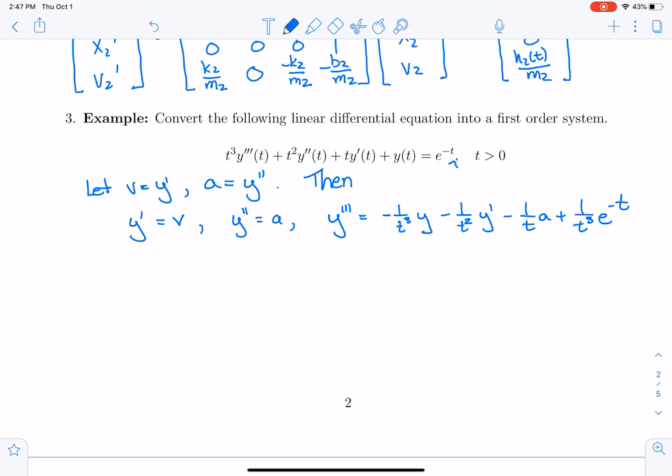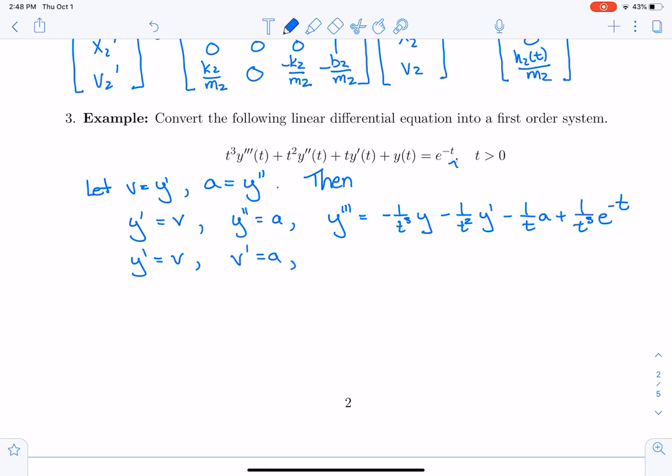And then what we can do with these equations is rewrite them exclusively in terms of y, v, and a. So we will get y prime is v. y double prime is actually the same thing as v prime, so v prime is equal to a.